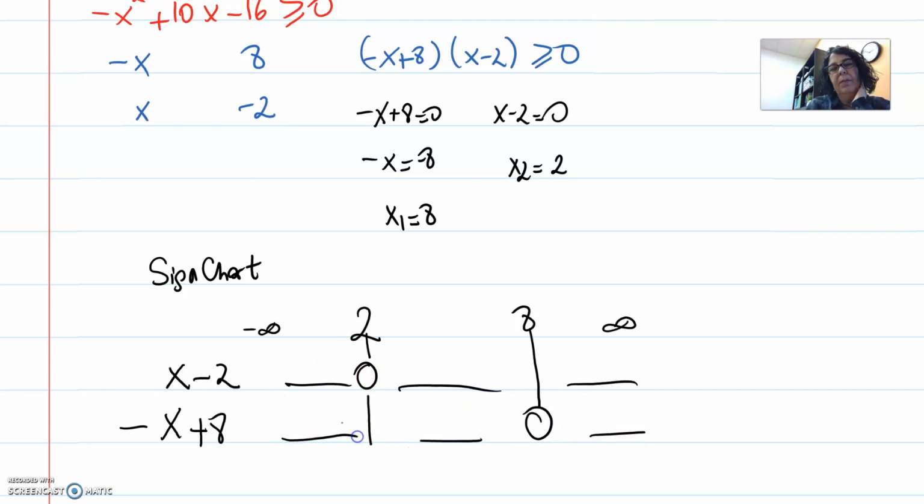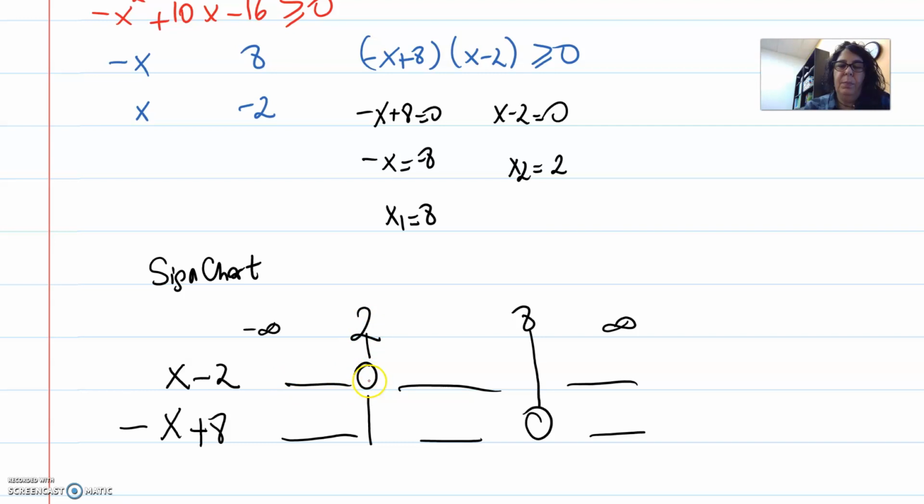Then create your boxes. At this point, I'm going to go to 2 and I will decide the right-hand side of the sign. If the right-hand side is positive, the left-hand side will be the opposite, negative. So I'm stopping at 2.